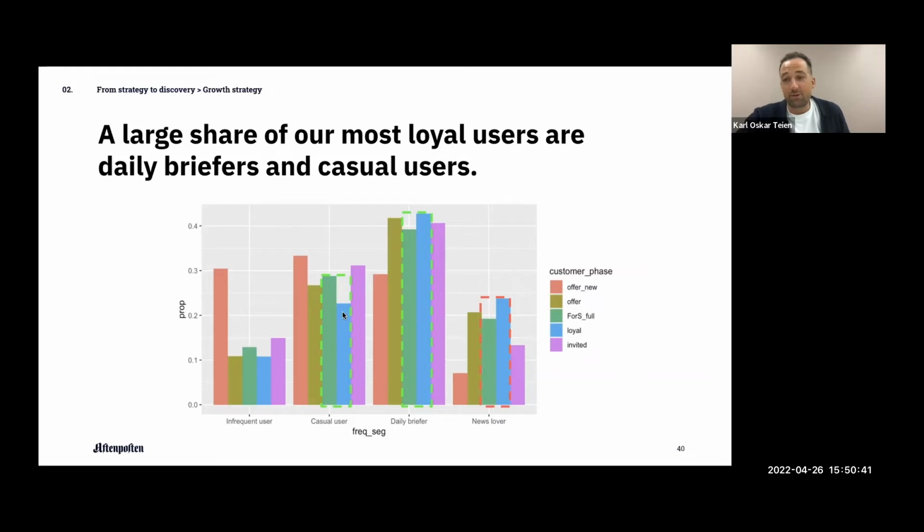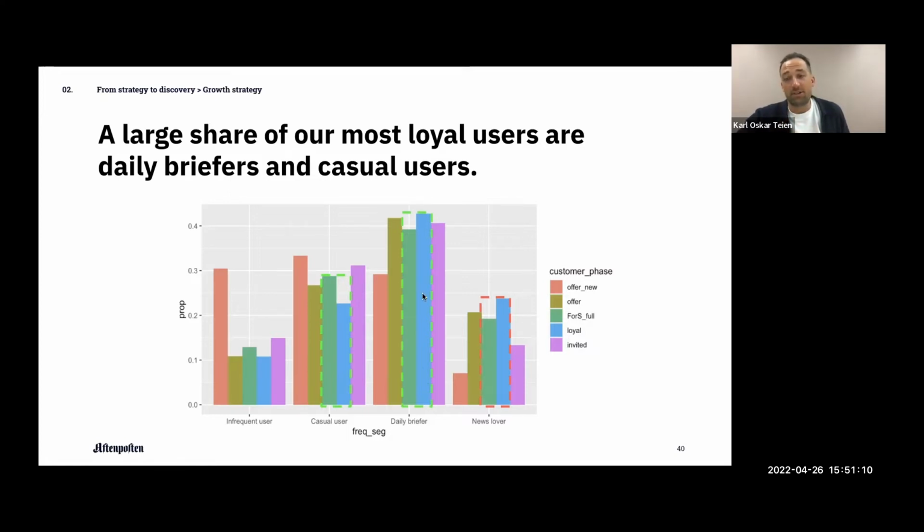So the users that visit us less than once a day are just as important to our financial goals and our growth as the ones in this segment. And if you look at the biggest segment here, daily briefer, the ones that visit between 1 to 3 times per day, you'll see that here the majority of users definitely are. So the majority of loyal users are in this segment.